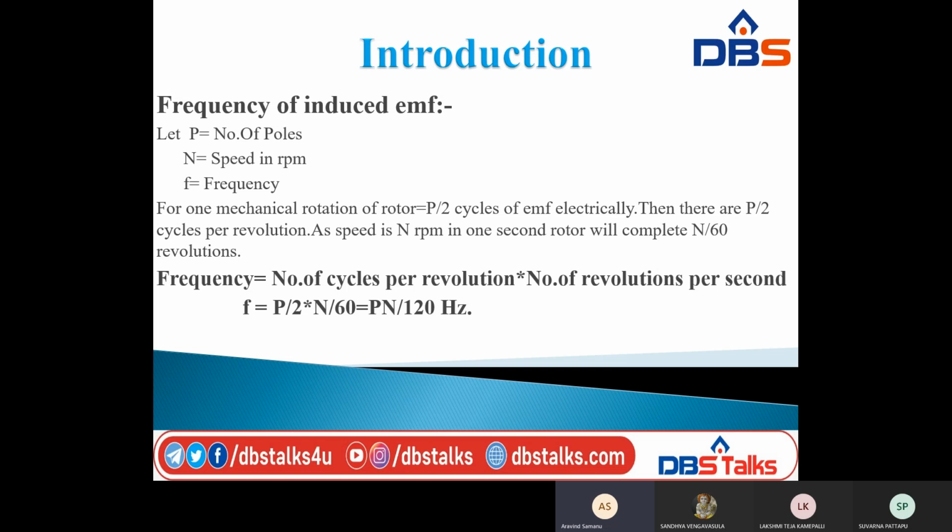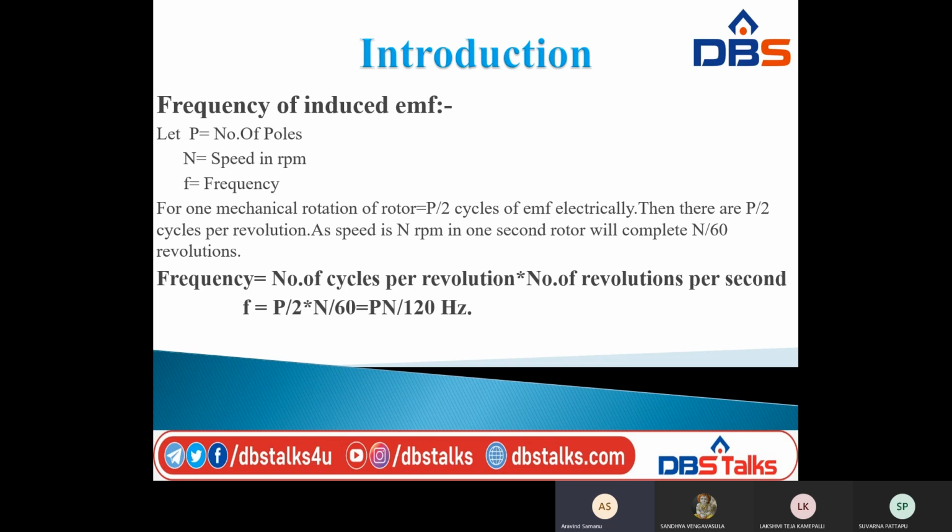Next, the frequency of induced EMF. Suppose we have the number of poles P, the speed in RPM N, and the frequency F. For one mechanical rotation of the rotor, we get P by 2 cycles of EMF electrically. So there are P by 2 cycles per revolution.